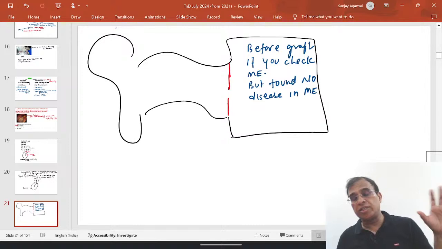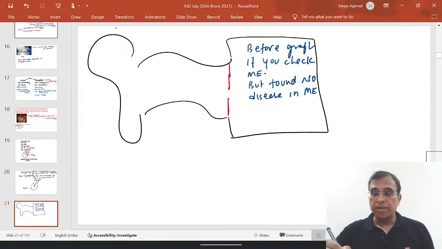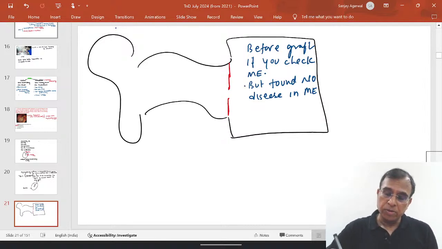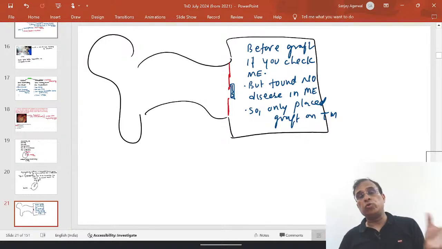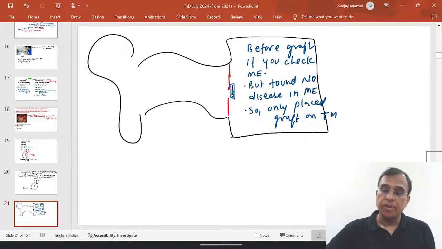So you found there is no disease in the middle ear, but you at least checked. So you only placed a graft on the tympanic membrane. Again you ended up doing the same thing. The difference between the two, now it is called tympanoplasty.